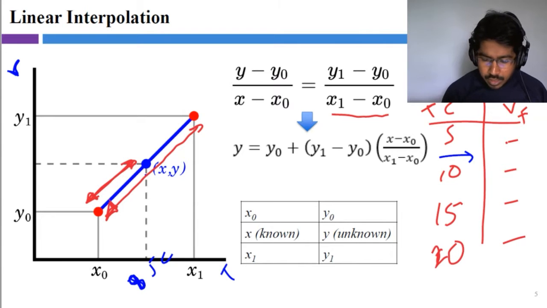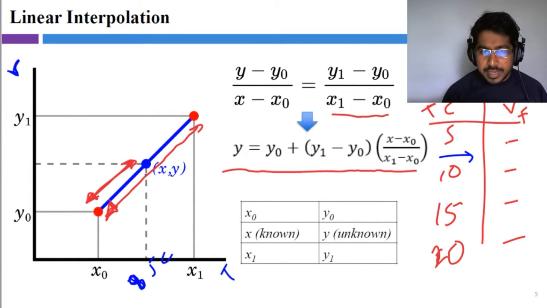And if we rearrange this equation to find y, we can write y equals y0 plus (y1 minus y0) times (x minus x0) over (x1 minus x0). So all these parameters are known, right? So in this case, we can find y. This will be a common practice that you will be following in finding your properties from tables.